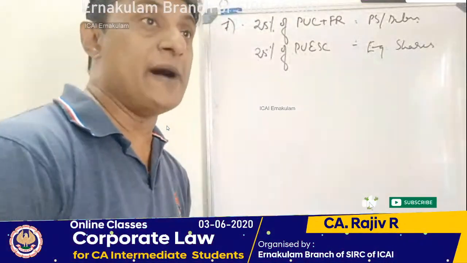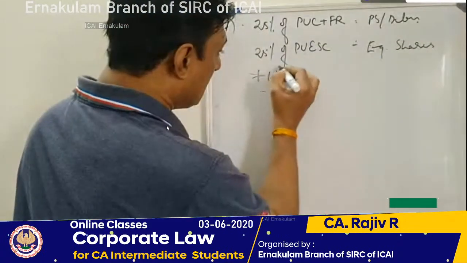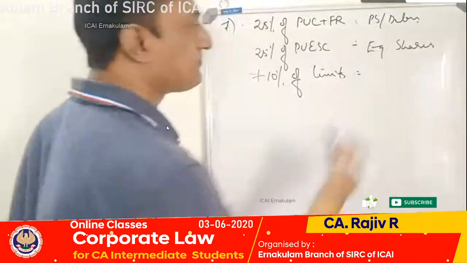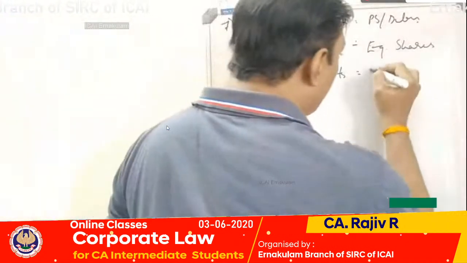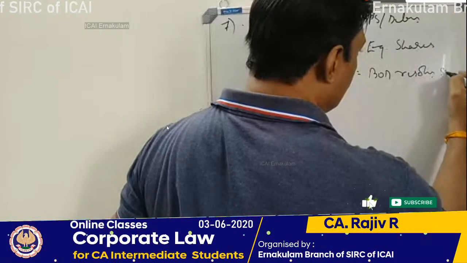Now, if your buyback is not more than 10% of these prescribed limits, then a board resolution is sufficient.